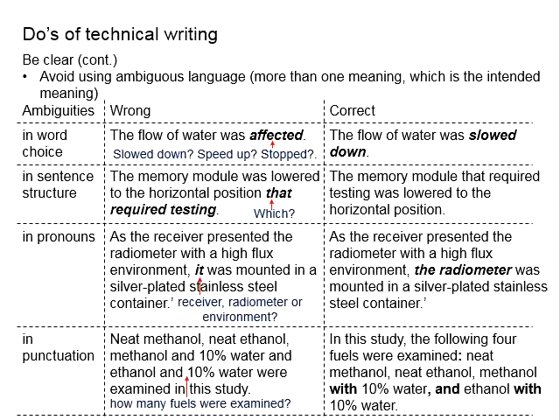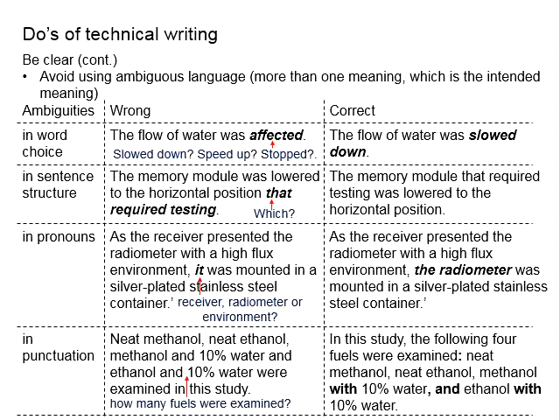For example, the memory module was lowered to the horizontal positions that require testing. This part, "that require testing", it is not clear which it is referring to. Is it referring to the memory module, or is it referring to the horizontal positions?